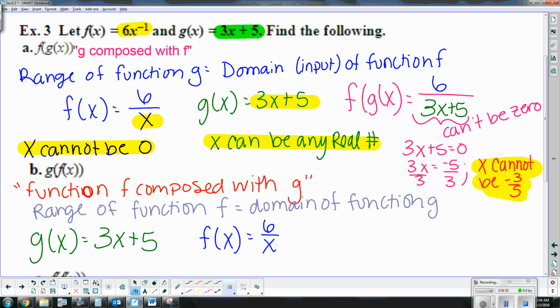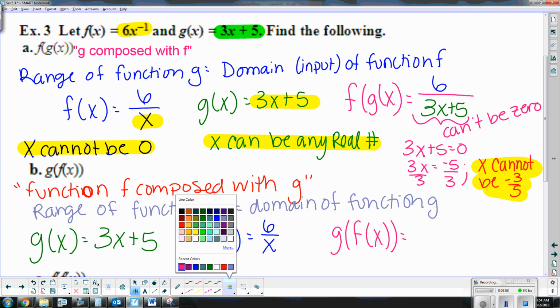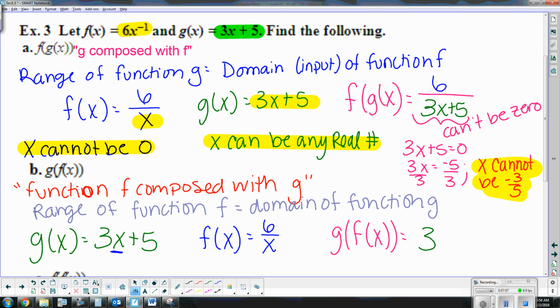So g of f of x equals 3 times, now remember our independent variable or our input for x is the output of f of x.